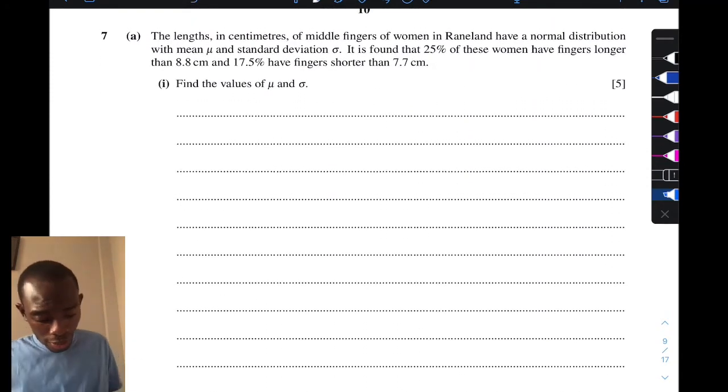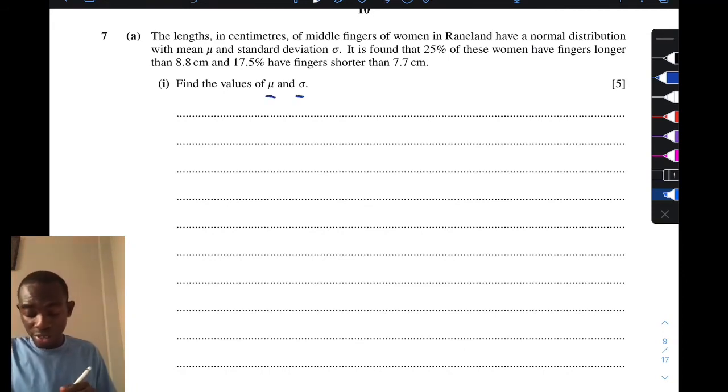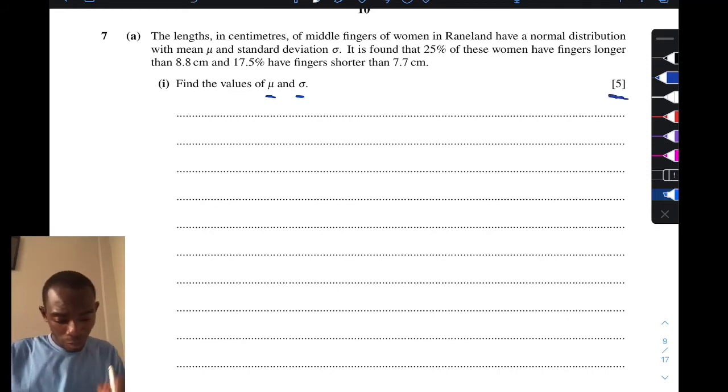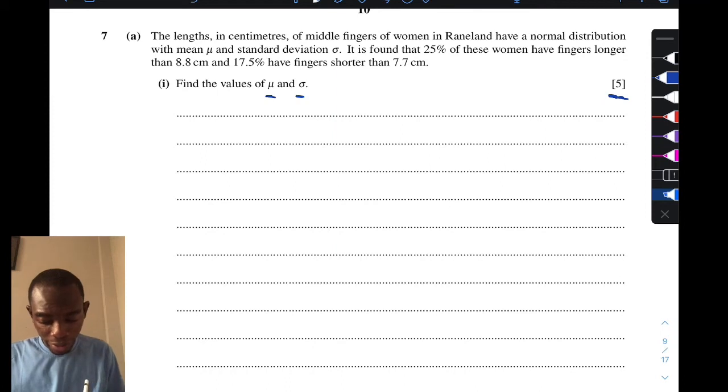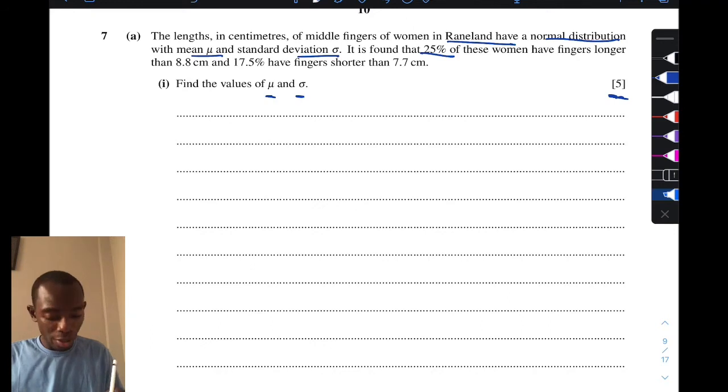Okay, so because we are going to look for the mean and standard deviation, for this you get a simultaneous equation, then you work it out. That's why they gave you about 5 marks. So the lengths in centimeters of middle fingers of women have a normal distribution. 25% of these women have fingers longer than 8.8.